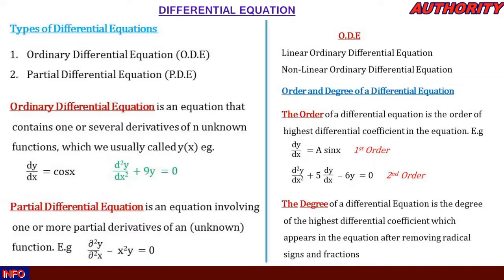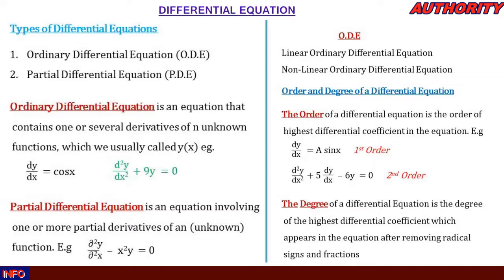I know by now you have understood what we mean by order. You tell the order by the highest derivative. Now when you have the highest derivative in a differential equation, what is the degree of that highest derivative?